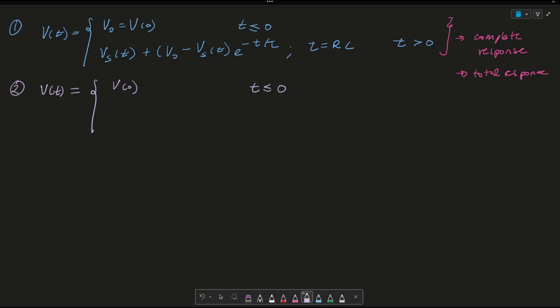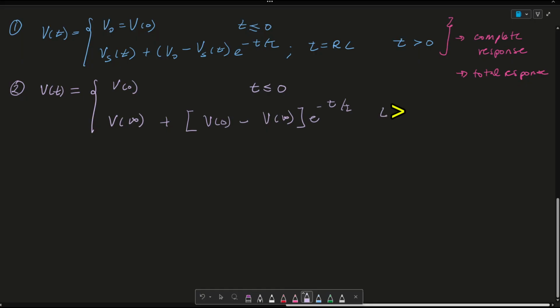And then I'm going to say that Vs of t saturates to Vs of t, so V of infinity is what I'm going to call it, plus V0, which is again the initial condition, minus V of infinity, times e to the minus t over tau, for t greater than or equal to 0. And again, this is what's referred to as the general complete response.